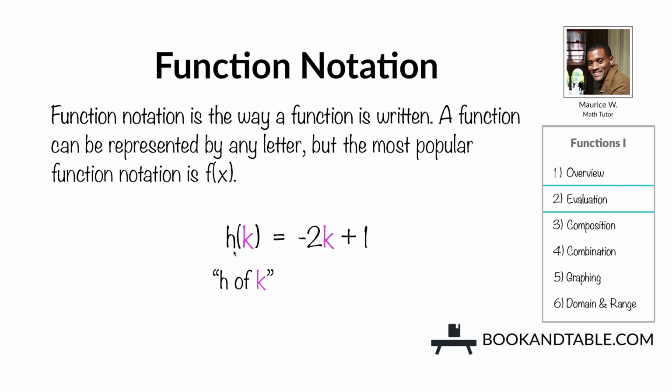So this would be called h of k. But this doesn't change how you go about evaluating the expression, since you know the letter inside of the parentheses represents the independent variable, and the letter to the left of this represents the letter for the function. Okay, so just keep this in mind.